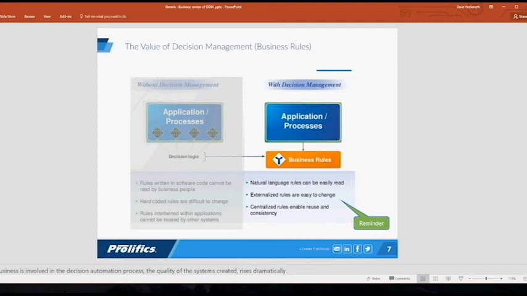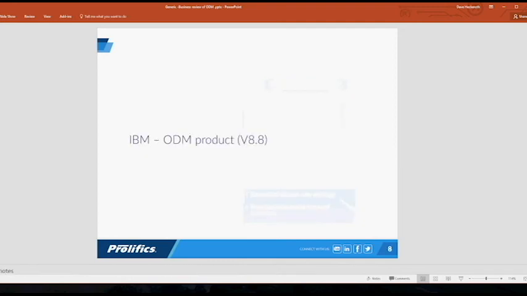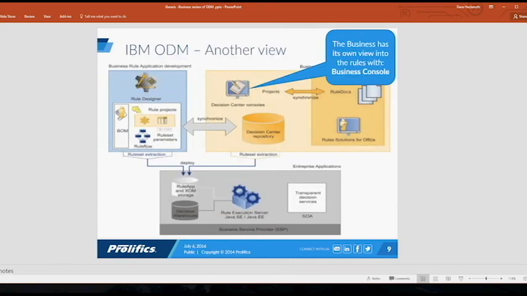Let's go ahead and take a step. We're going to look at the ODM product version 8.8, and very specifically, let's take just a brief architectural view of that product. You can see on your screen in the upper left-hand corner, we have really three main components. The light blue area is a piece of the product we call Rule Designer.